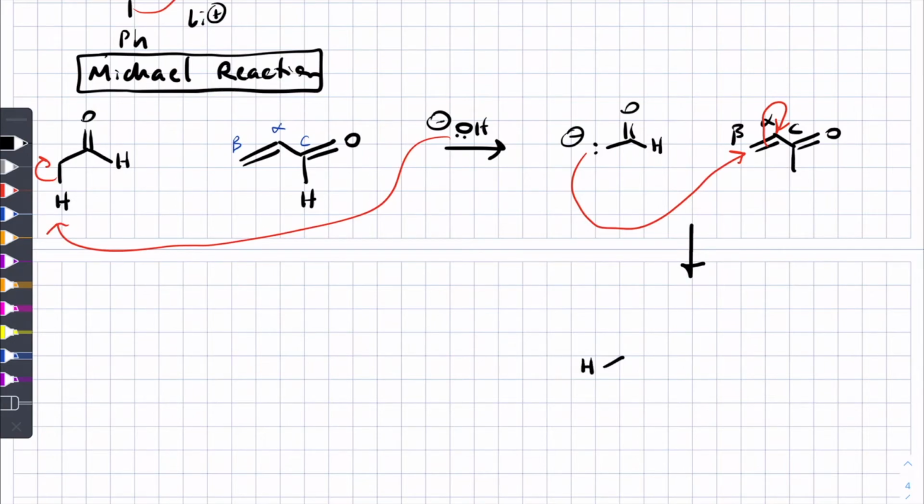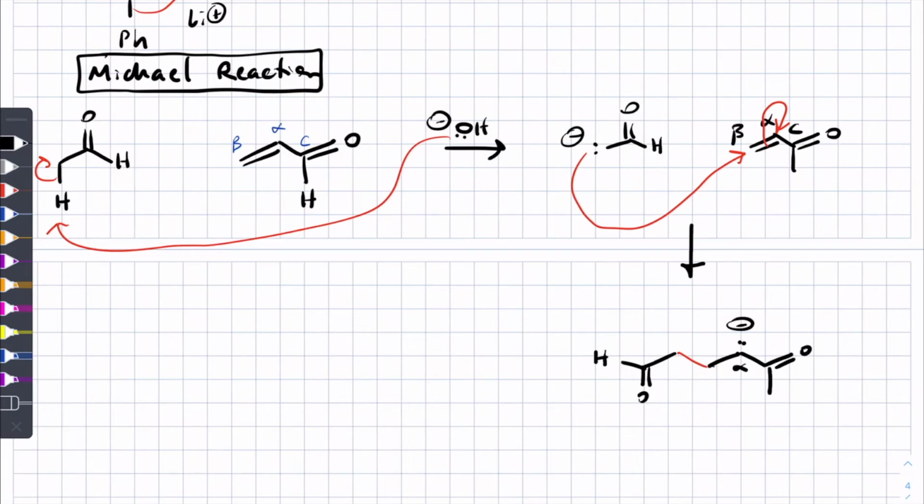So here's my aldehyde. Here is the new bond that I made. Maybe, hold on, I want to keep things in the same orientation. So here is where the negative charge goes. Here is the new bond that I made, and here is my aldehyde.